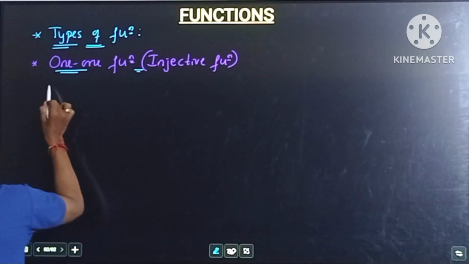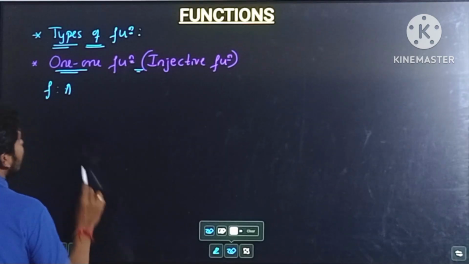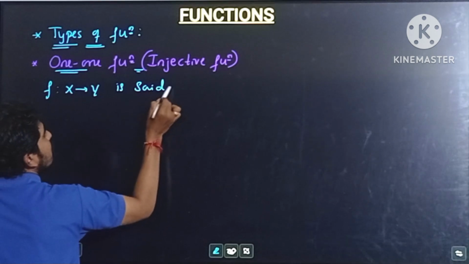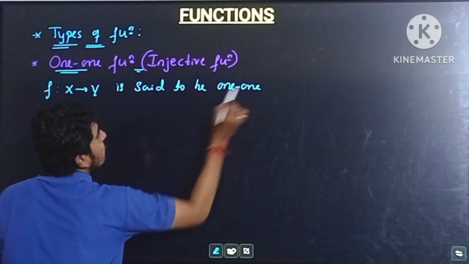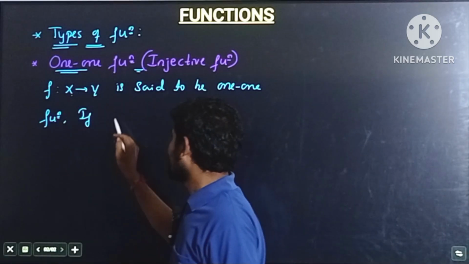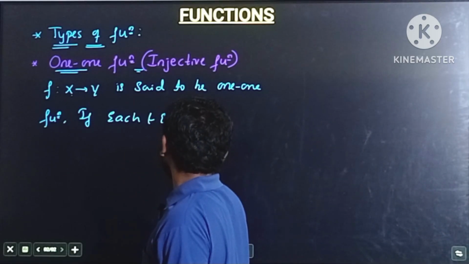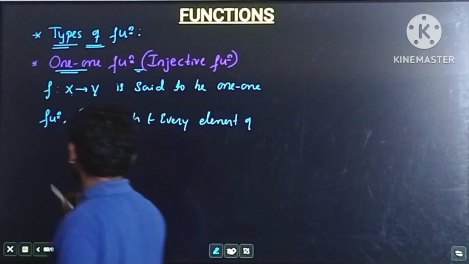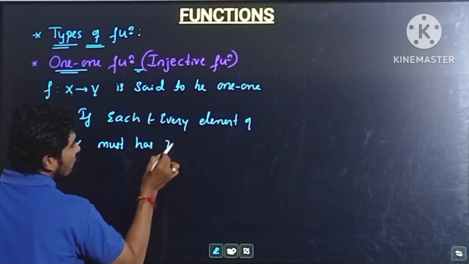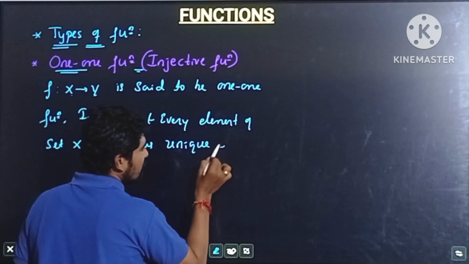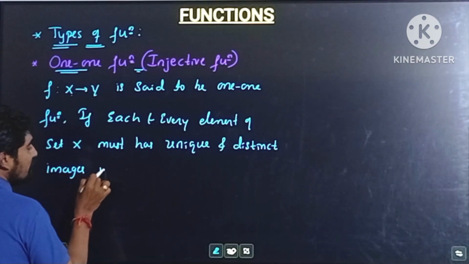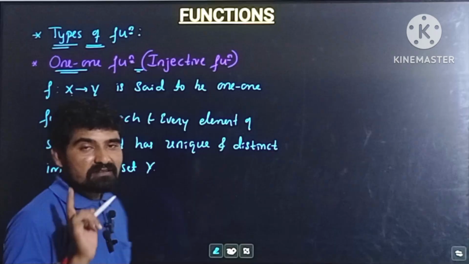A function f defined from set X to Y is said to be a one-to-one function if each and every element of the first set X must have unique and distinct images in set Y. Then that function is called a one-to-one function.